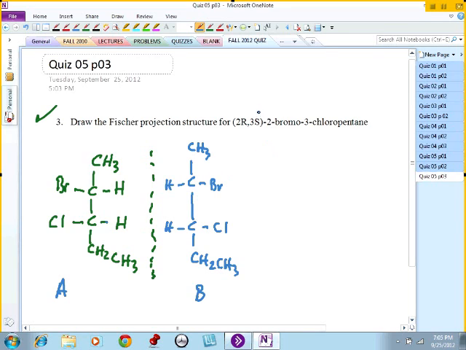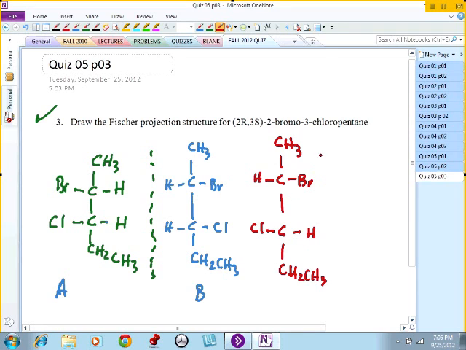Okay, now, what other isomer can we get from here? Supposing I move this bromine to the right, and I keep the chlorine where it is. Okay, now I have 3 stereoisomers.